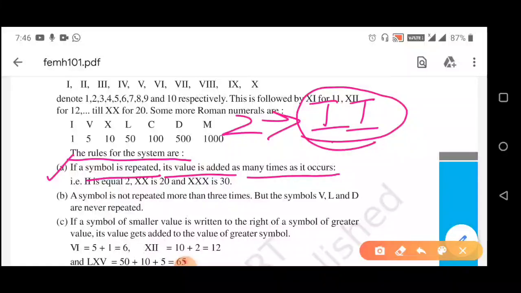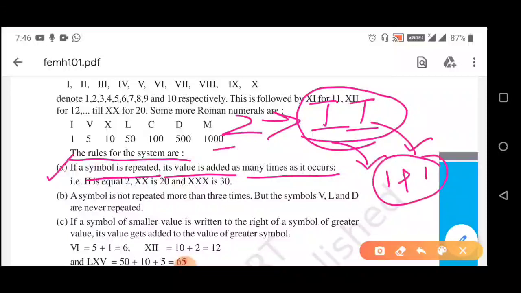Since the value of one I is 1 and the value of the other I is 1, these two values are added to give 2. So here it is given, if a symbol is repeated, its value is added as many times as it occurs. For 3 we will write 3 I's. So 1 plus 1 plus 1, 3.